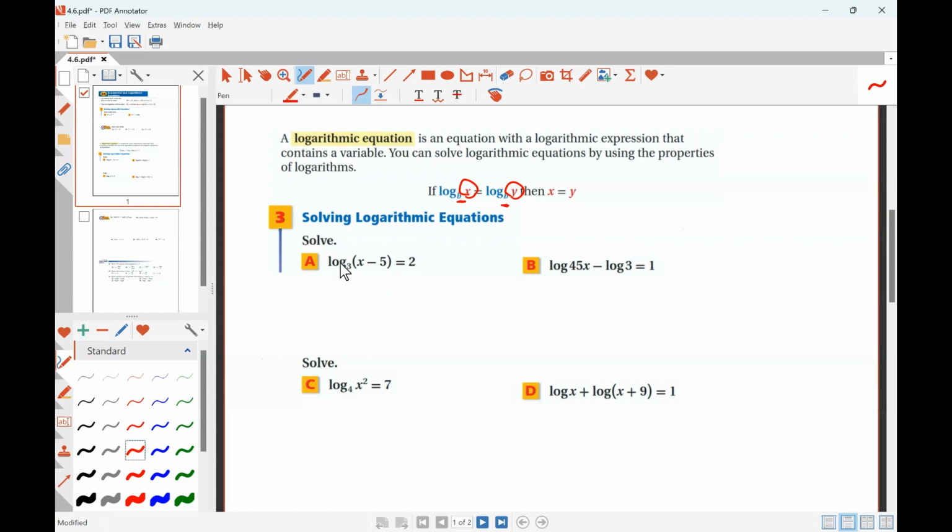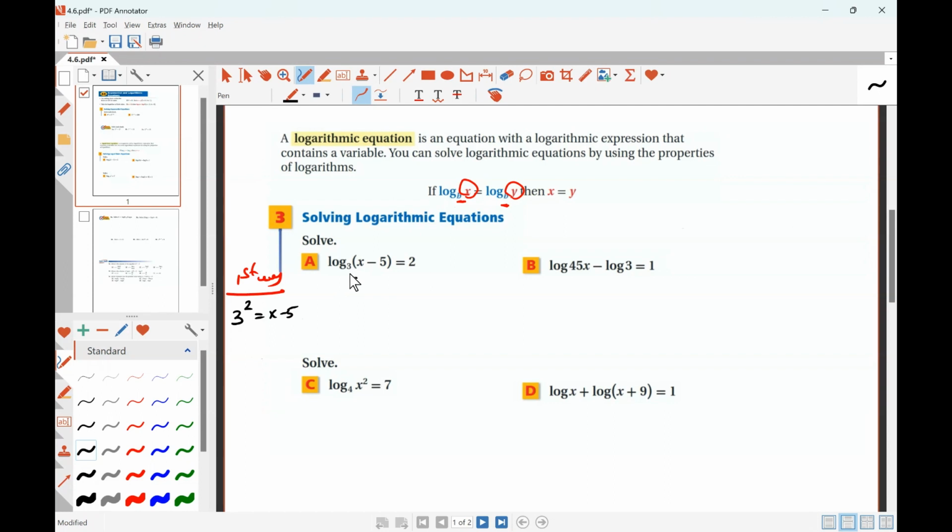We can just use the method that we already learned in section 3, converting logarithms to exponents. First way, how do we convert a logarithm to an exponent? Remember, we use the same base, 3, raise 3 to 2, and equalize it to x minus 5.